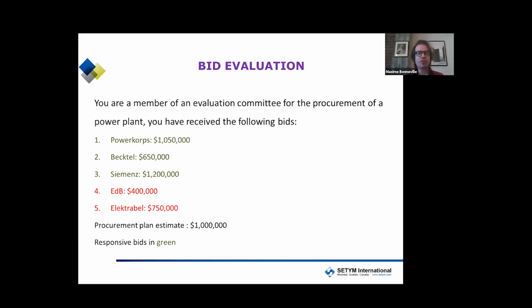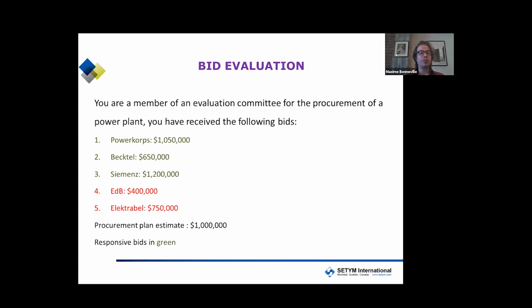The first 3 are in green because they are responsive. The last 2, so number 4 and 5, are in red because they are non-responsive. That means they did not meet your technical or administrative requirements, so you are uninterested in the offer no matter the price because it doesn't meet your needs.